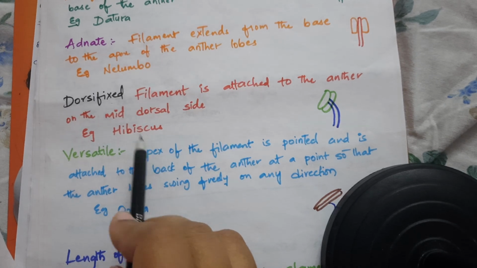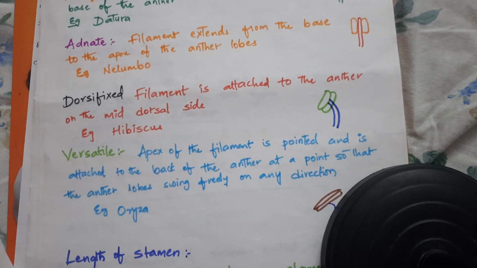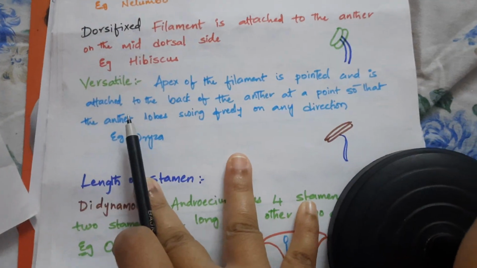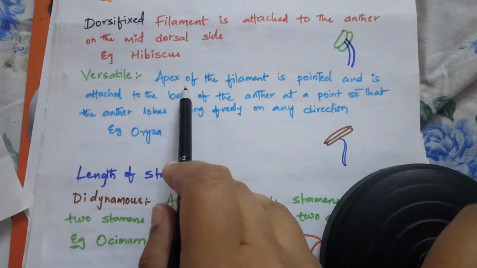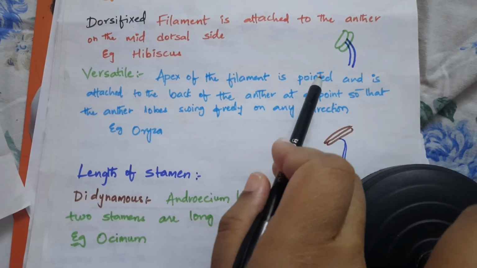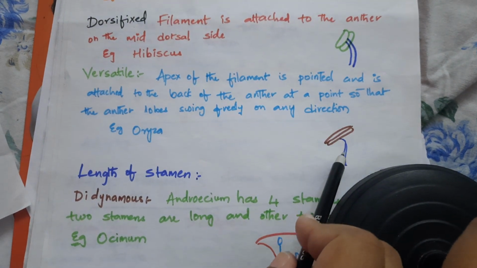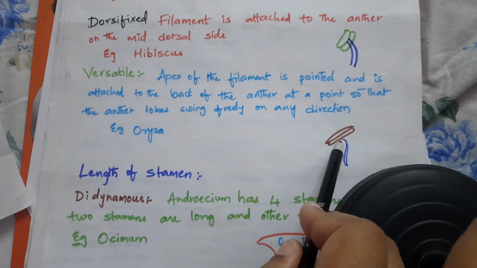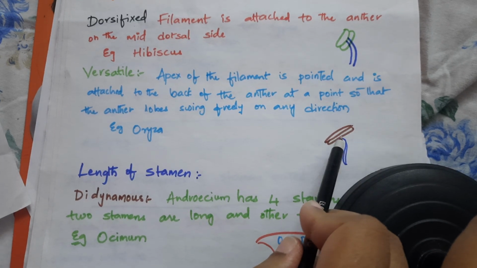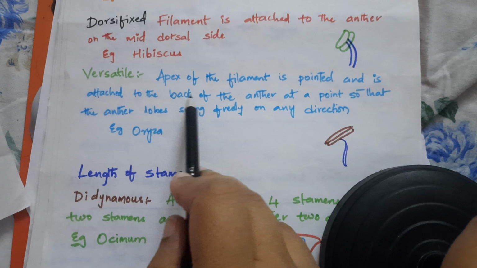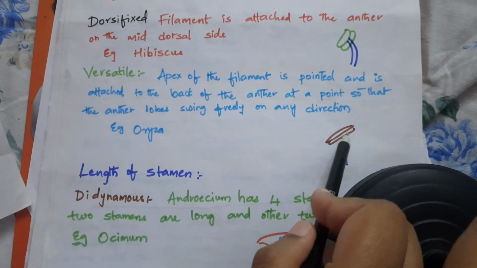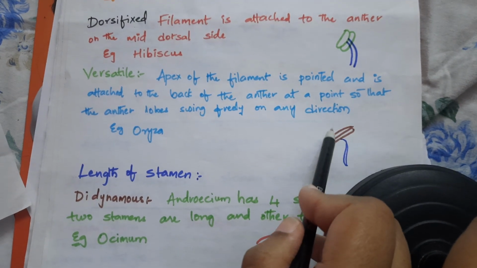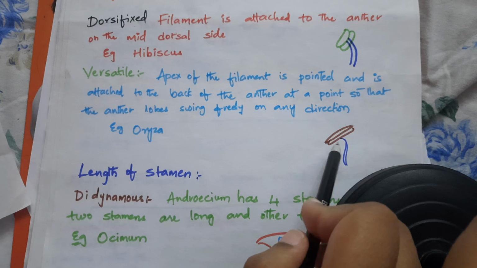The next is the versatile, okay. See here, in this type the apex of the filament is pointed. See here, this is the filament and this is the apex. It is pointed and it is attached to the back of the anther. This is the anther, okay. This is the front part, this is the back part.